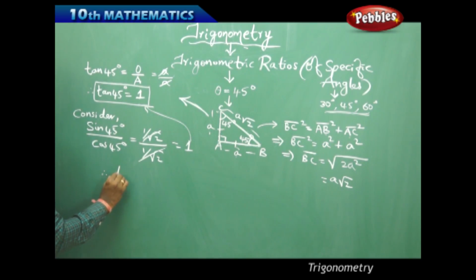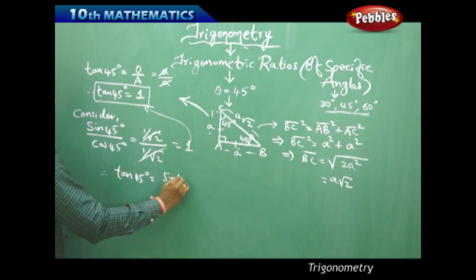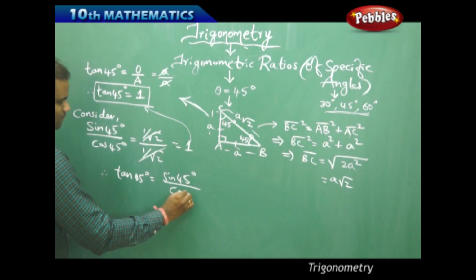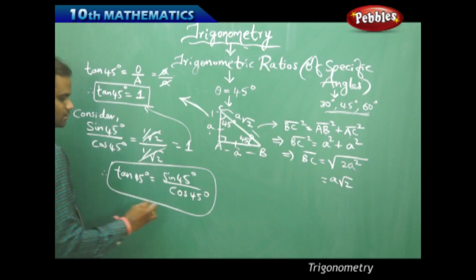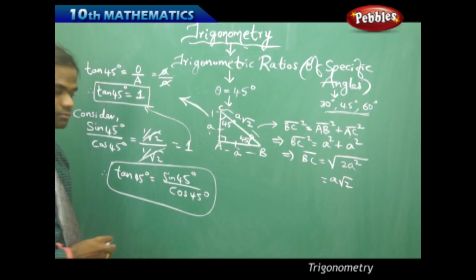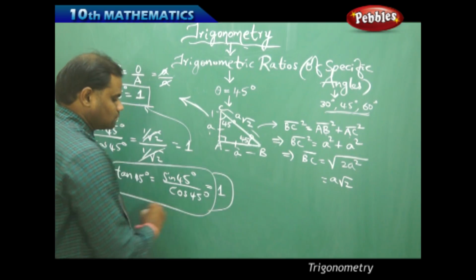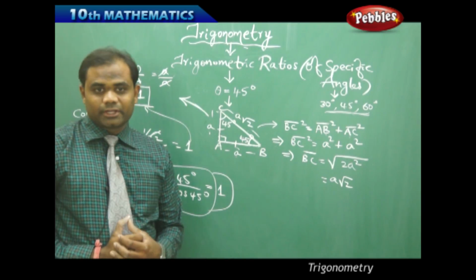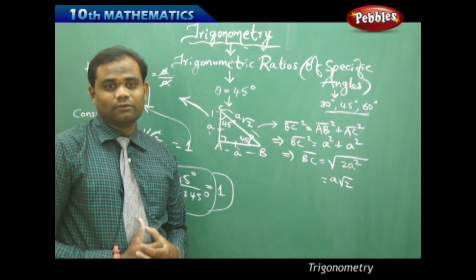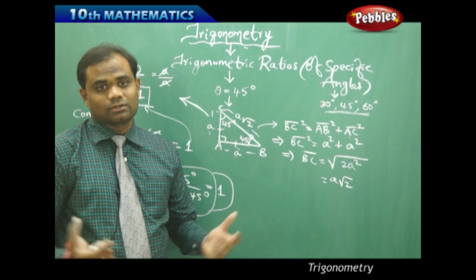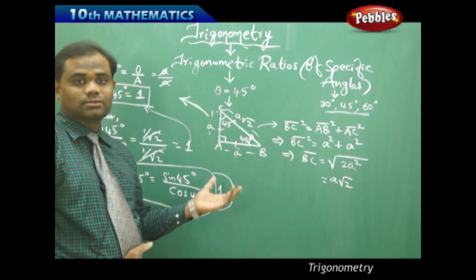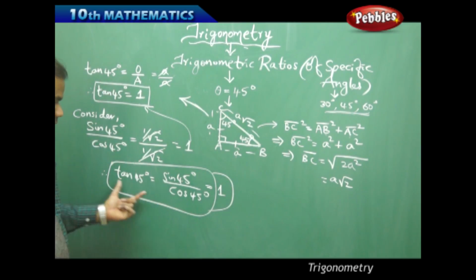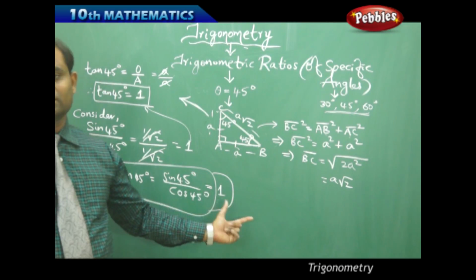Therefore, tan 45 is equal to sine 45 by cos 45, in this case being equal to 1. So we got three trigonometric ratios, sine, cos and tan. Equally, we will try to find cosecant, secant and cot in a similar manner as we have done for sine, cos and tan. And sine, cos, tan are connected as tan equals sine by cos.